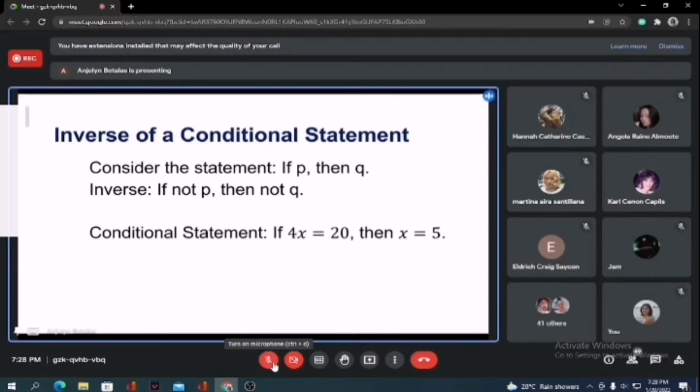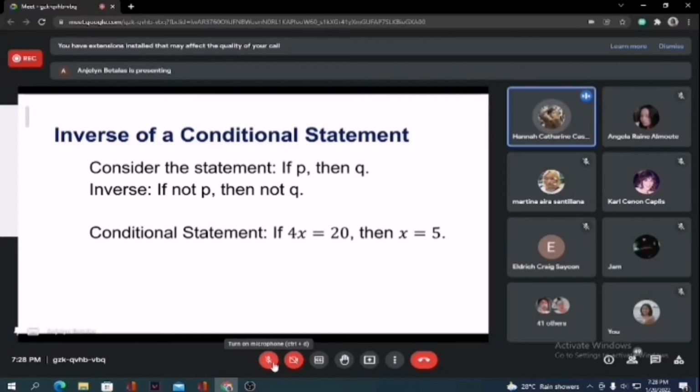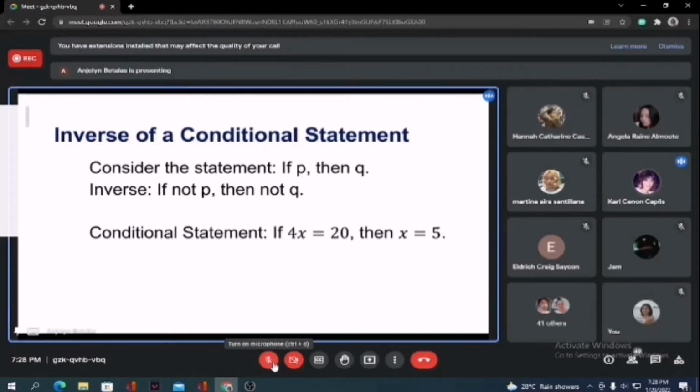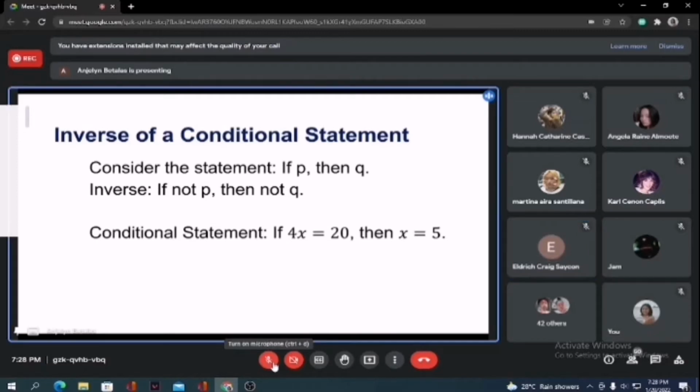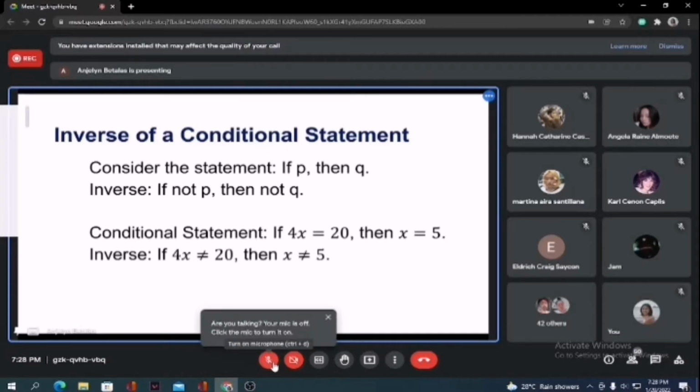Si Hana to? Yes, ma'am. If 4x is not equal to 20, then x is not equal to 5. Very good. Kana answer: if 4x is not equal to 20, then x is not equal to 5. Nakuha ninyo?